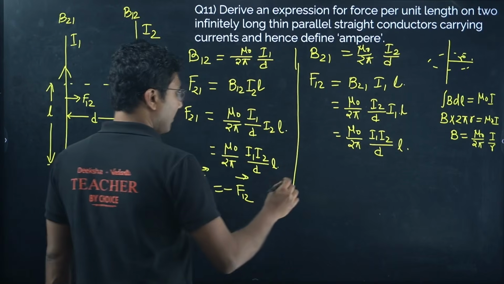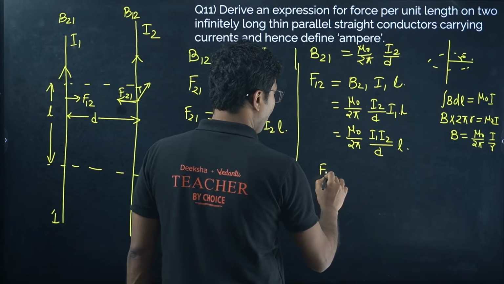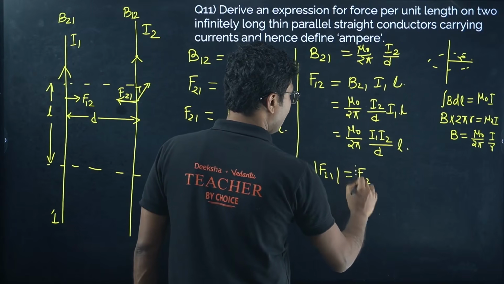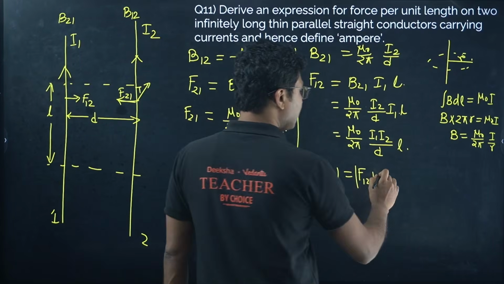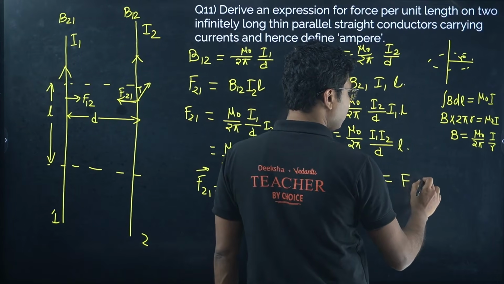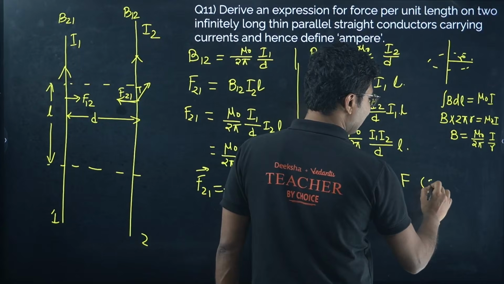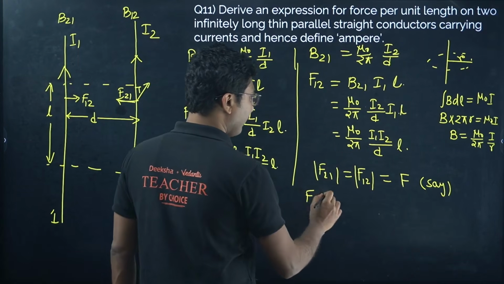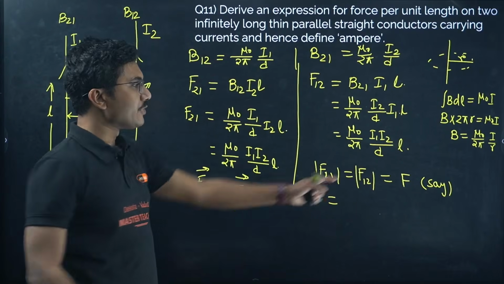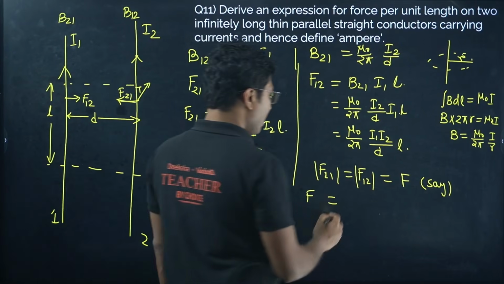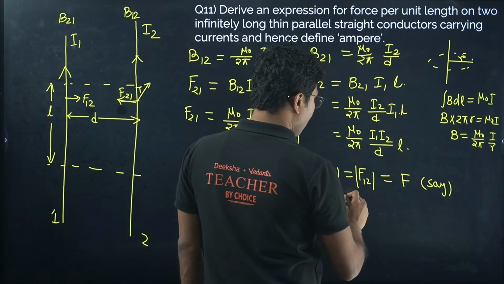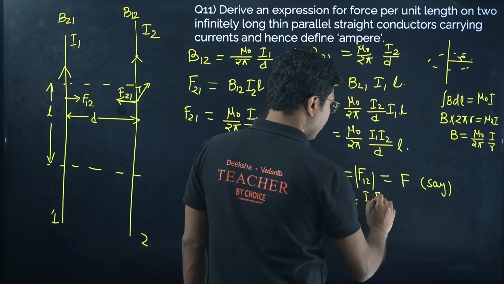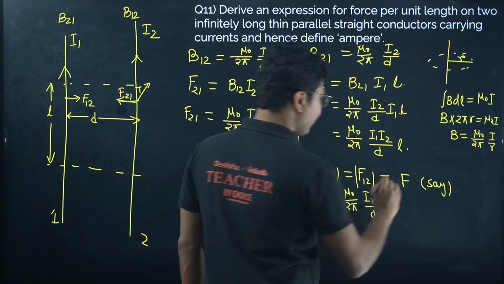These two forces, F21 and F12, are the same in magnitude, and we denote this same force by capital F. So F equals mu naught by 2 pi I1 I2 by D into L. Do not leave your answer here.